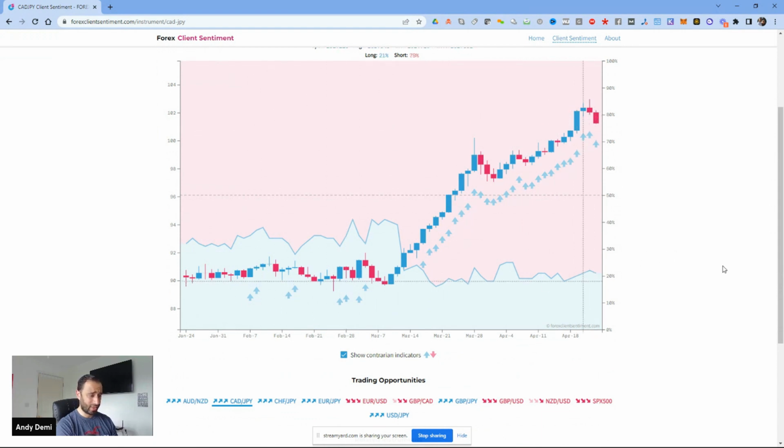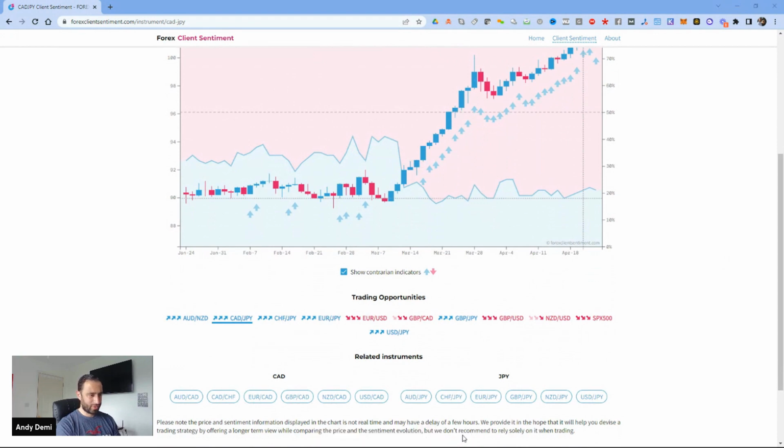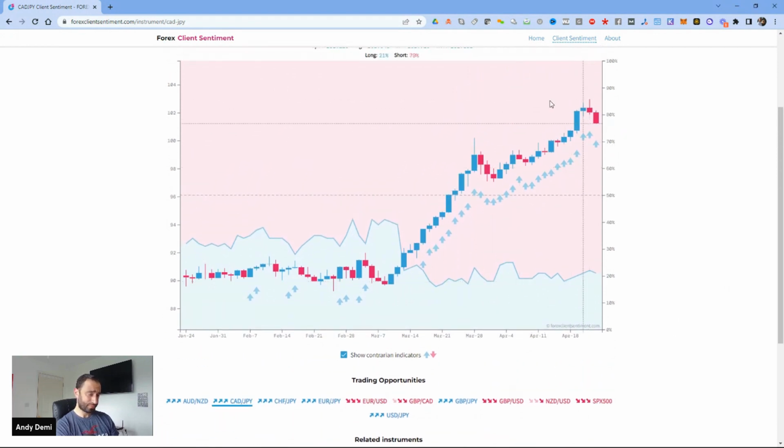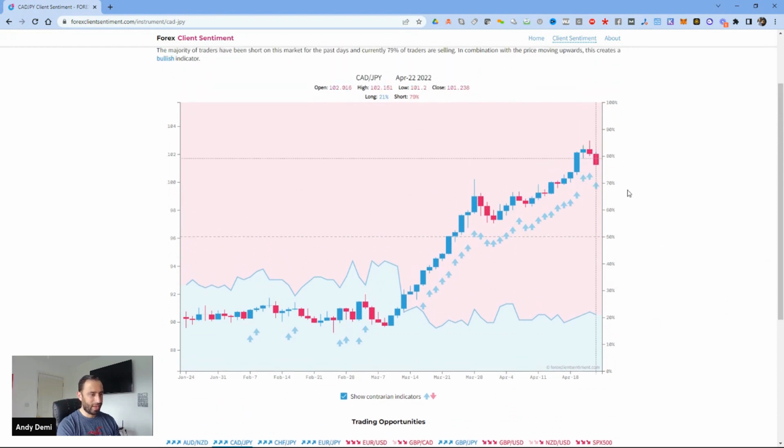So you can kind of see where the signals are good, and it'll be interesting to see if that sentiment changes at some point. So right now it is, wow, 79% to 21%. That's pretty huge in terms of sentiment. So that's still looking like it could go higher based on sentiment analysis.